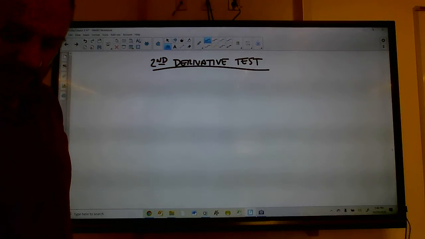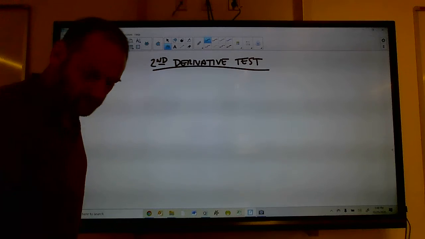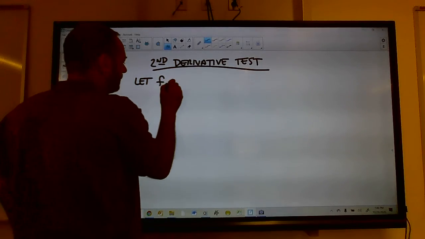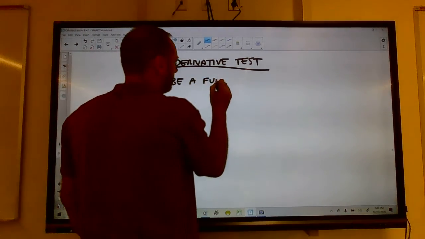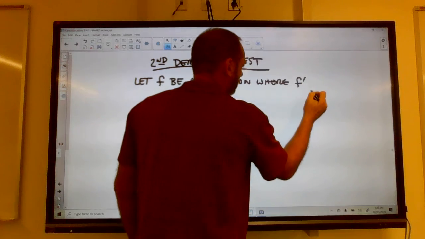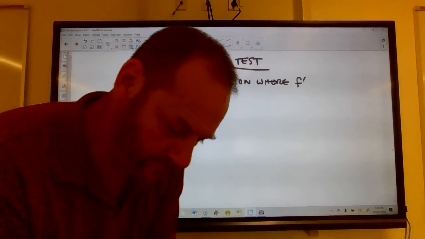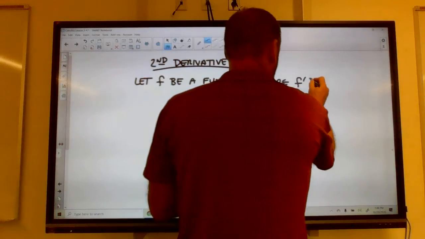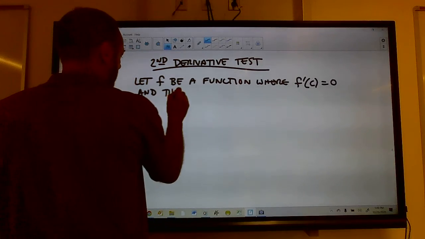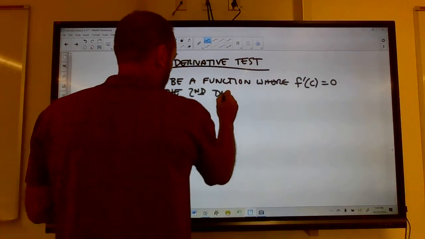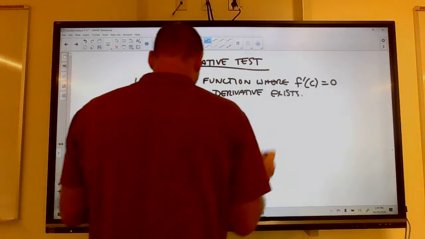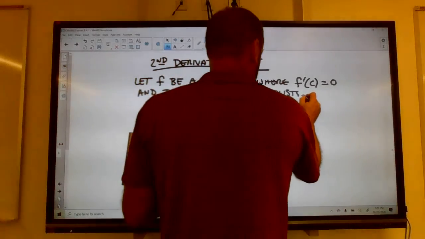Let f be a function so that f prime of c is 0, and the second derivative exists on an open interval containing c.